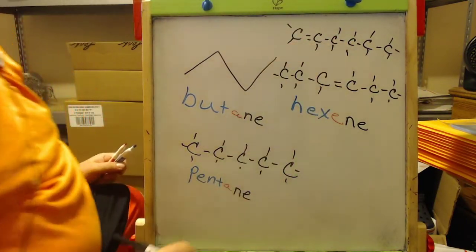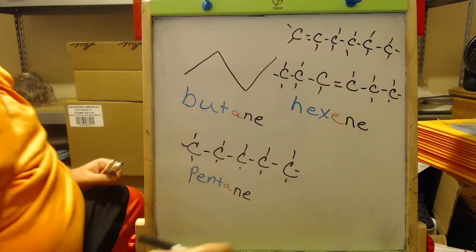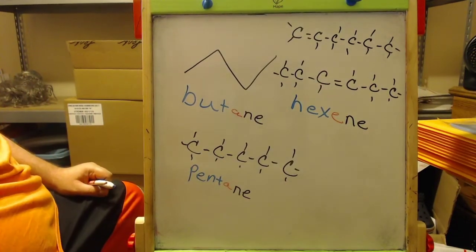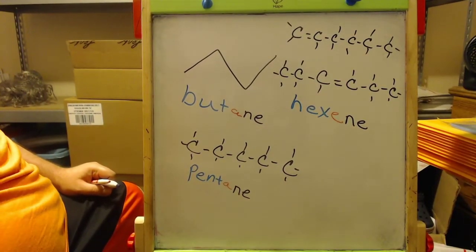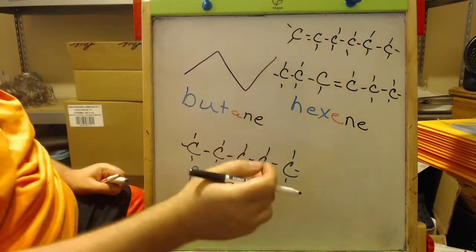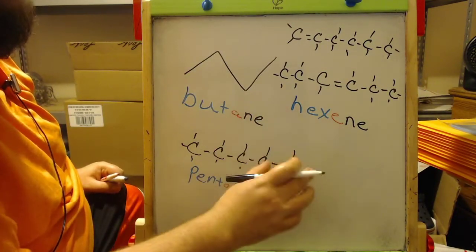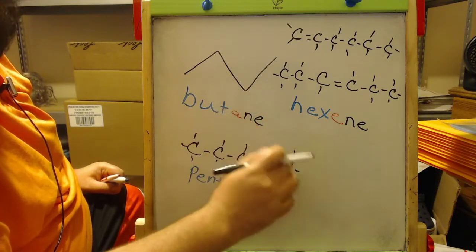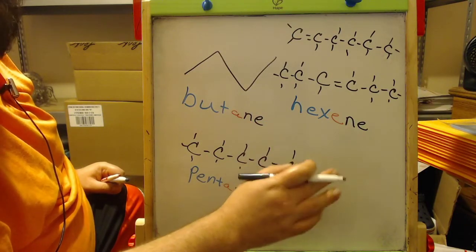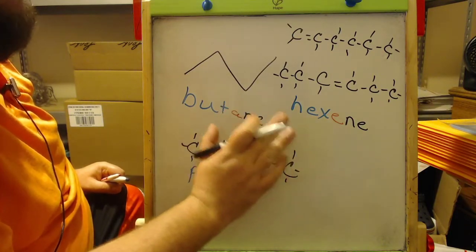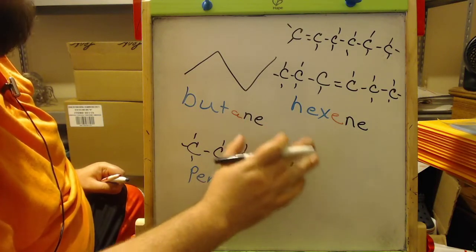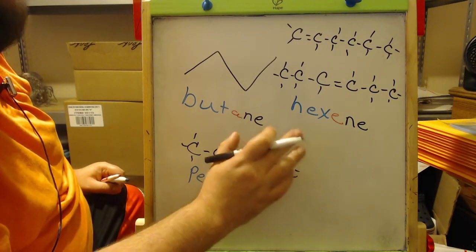But they are 2 different compounds. So numbering my carbons, I want to take the shortest distance to the first thing that isn't a saturated carbon. A saturated hydrocarbon, I should say. I want to take the shortest distance to something that's not a carbon bonded to all hydrogens.